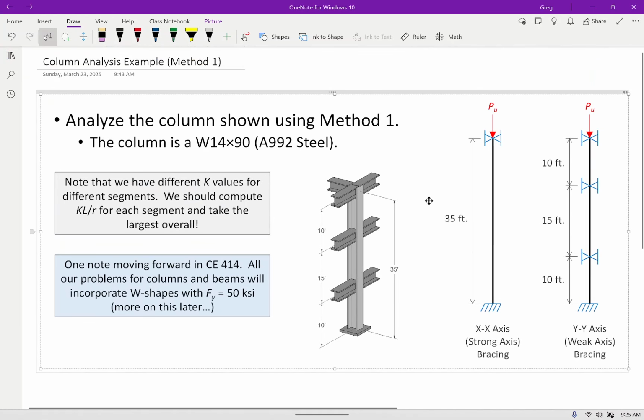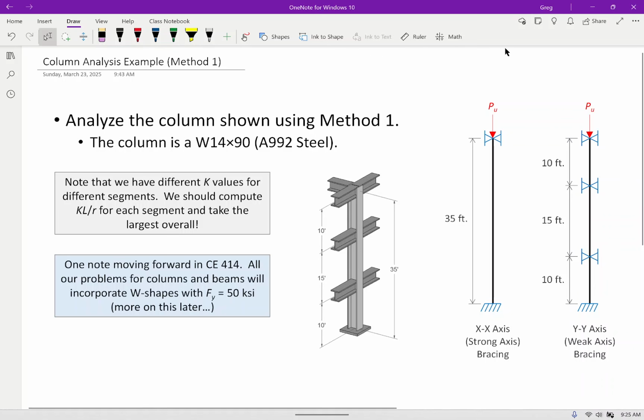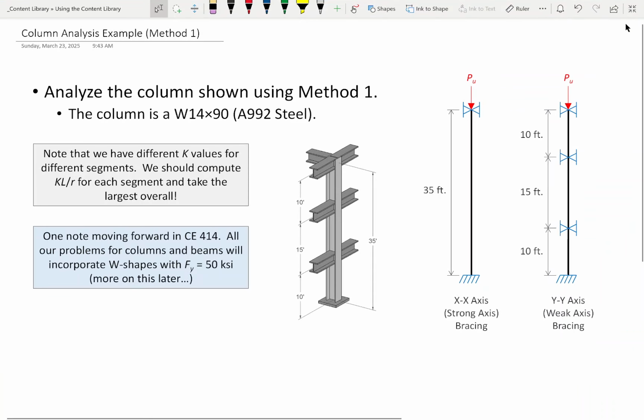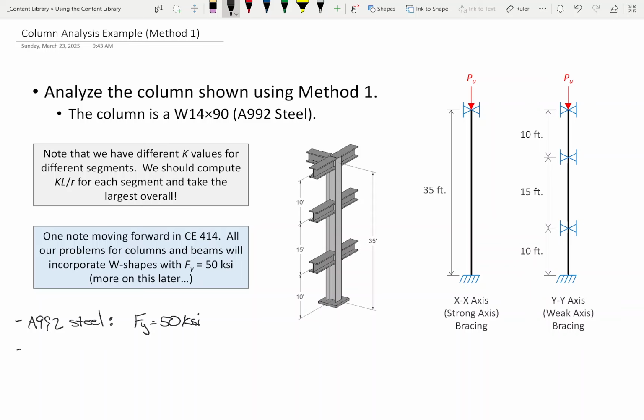All right. So first off, here's our column. A couple of things we're going to get off the bat: if this is A992 steel, Fy is 50. And for a W14 by 90, we can look up any properties that we're going to need. I propose that we're only going to need 3 properties, at least for this problem. Those 3 properties are going to be the gross area, and what are the other 2?